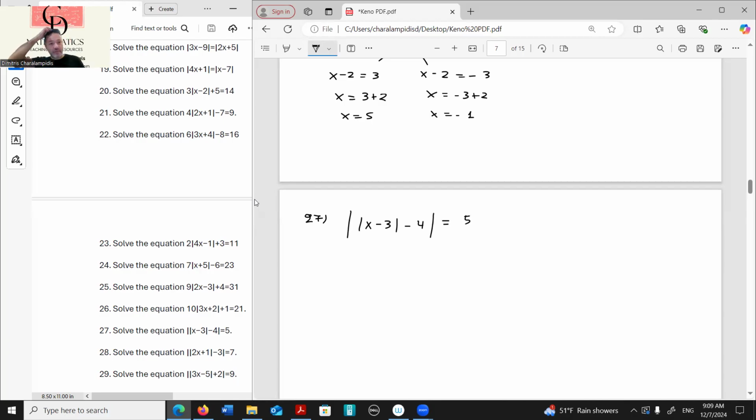Remember, everything is symbolic in math. It's not about x, it's not about x minus 5, it's about symbols. And we have seen that absolute value of an expression A is equal to B, where that B is positive, means that either that is equal to B or equals negative B.